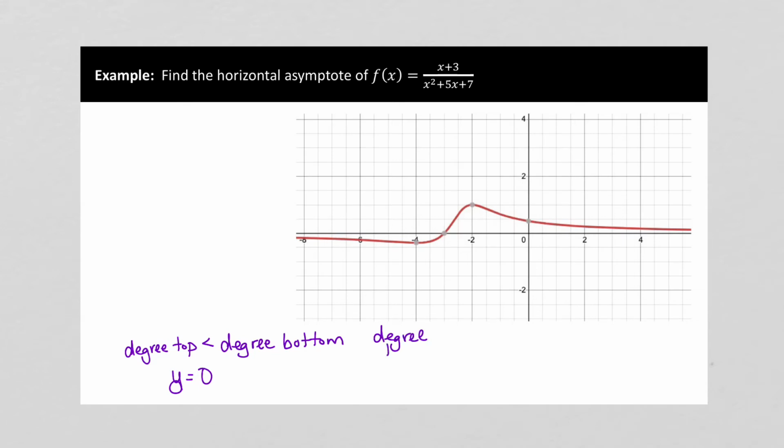If the degree of the top is equal to the degree of the bottom, then the horizontal asymptote is the leading coefficient of the top over the leading coefficient of the bottom. I'll just put LC top over LC bottom.